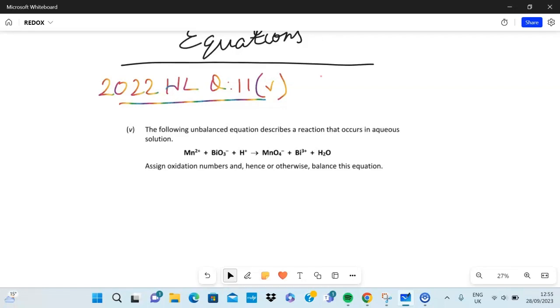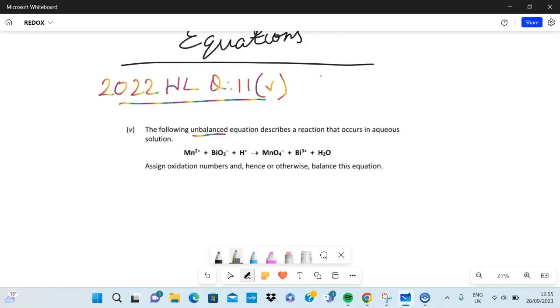One thing you need to understand is that it is unbalanced. This is not the equation that would occur if these chemicals reacted. This is not the correct mathematical formula. It is your job to find how it should be.